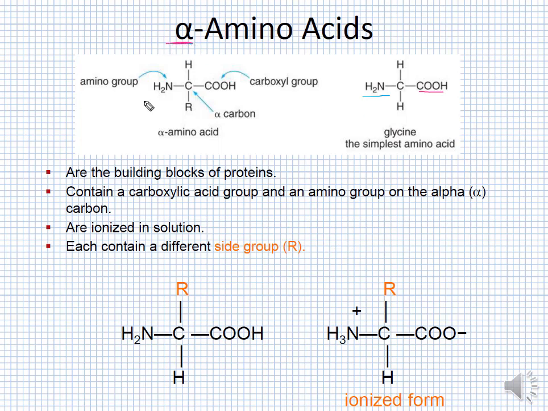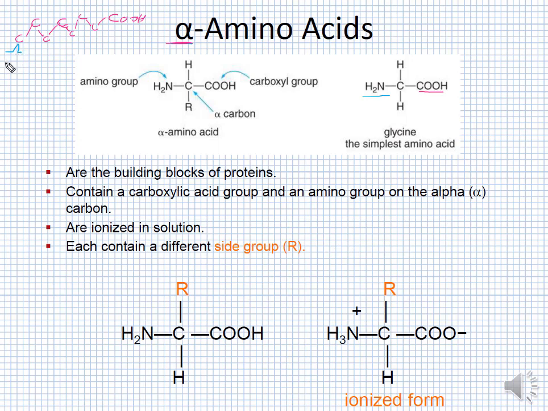So alpha amino acids. If you remember, we had a fatty acid, let's say, and there's 1, 2, 3, 4, 5, 6, 7, 8. Remember we talked about these and we said, all right, well, the last carbon of a fatty acid we refer to as an omega carbon.